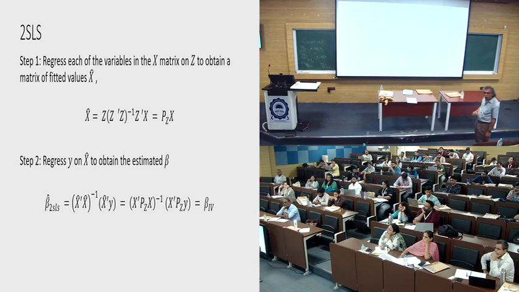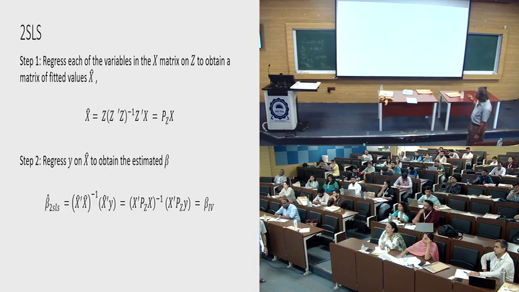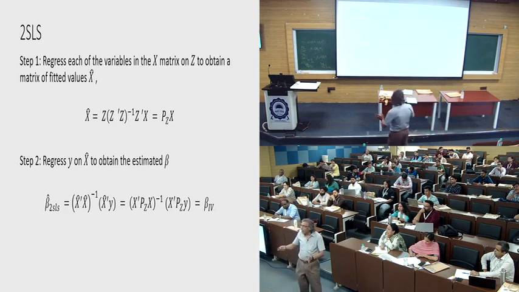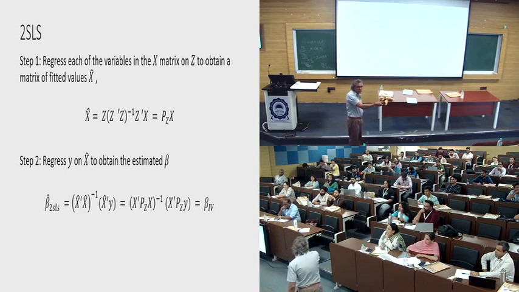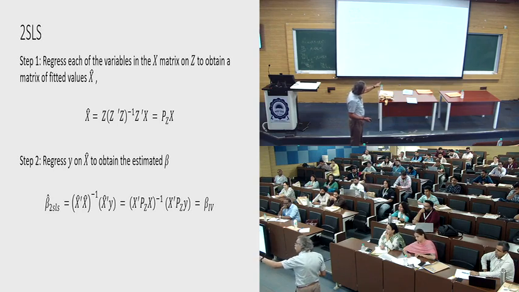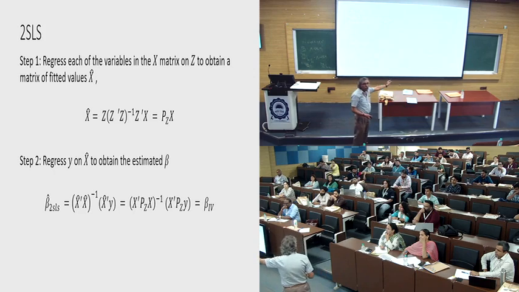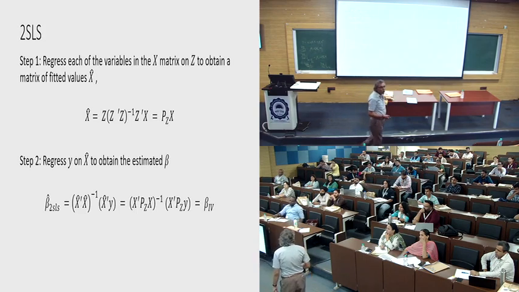Recall X transpose PZ X inverse should be X inverse, PZ inverse, X transpose inverse, since ABC inverse is C inverse, B inverse, A inverse. The inverse of X transpose and X transpose is an identity matrix. So I end up with X inverse, PZ inverse, PZ y, which is my beta hat IV.